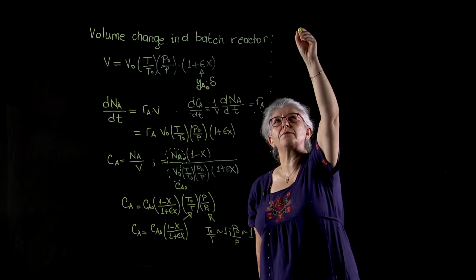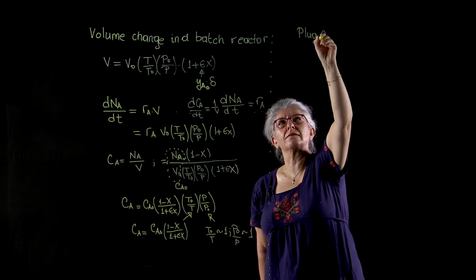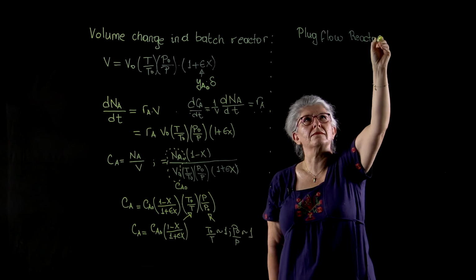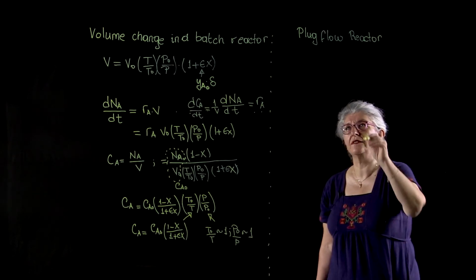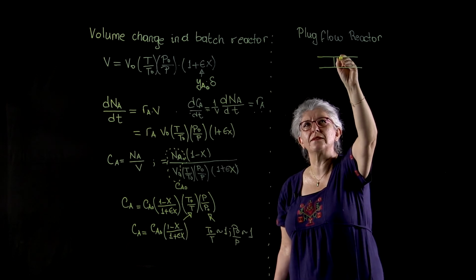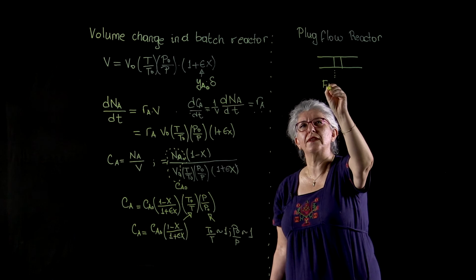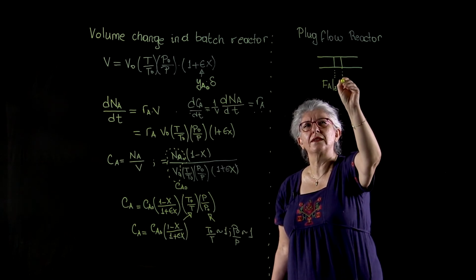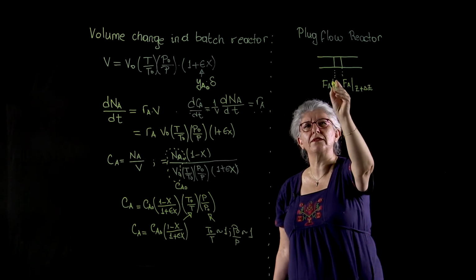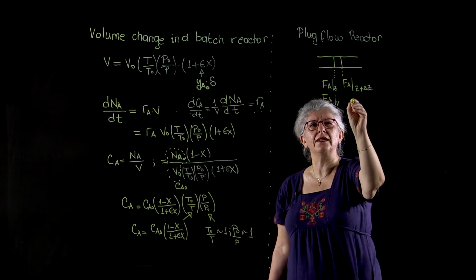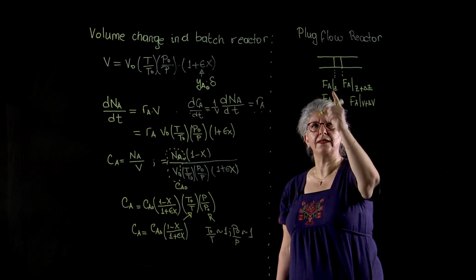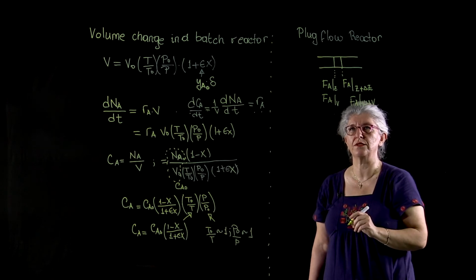So let's derive the expressions for a plug flow reactor. In a plug flow reactor, we now have fluid coming in and going out of a differential volume element, Fa at z, Fa at z plus delta z, or equivalently we can write Fa at v and Fa at v plus delta v, where z is the axial coordinate, v is the volume coordinate.